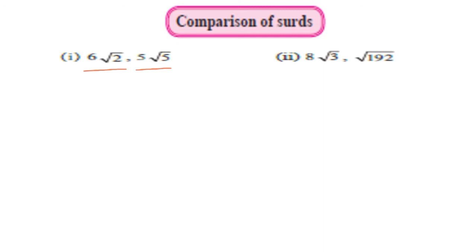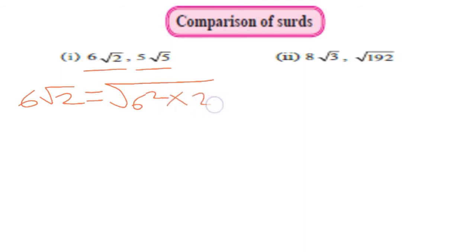Order is not given, means order is equal to 2. 6 root 2 can be written as square root of 6 square into 2. 6 is outside the square root.